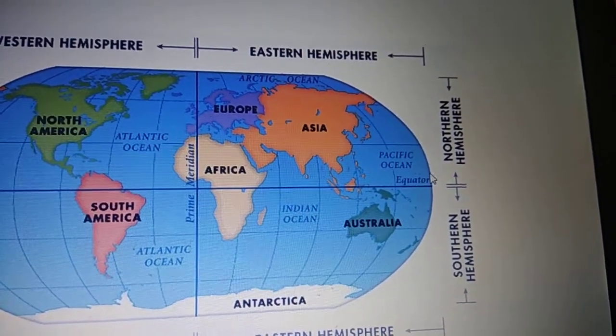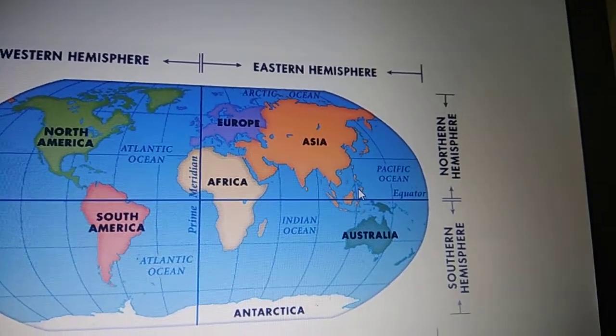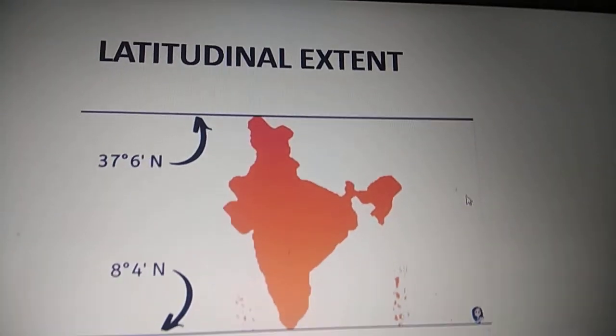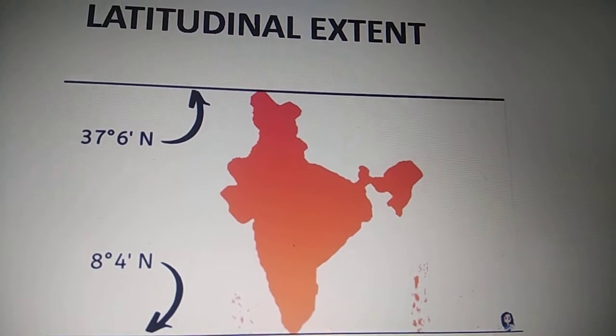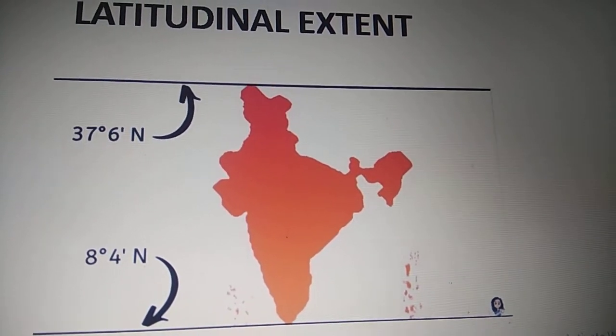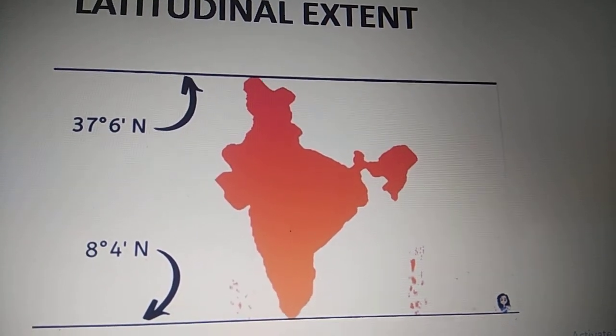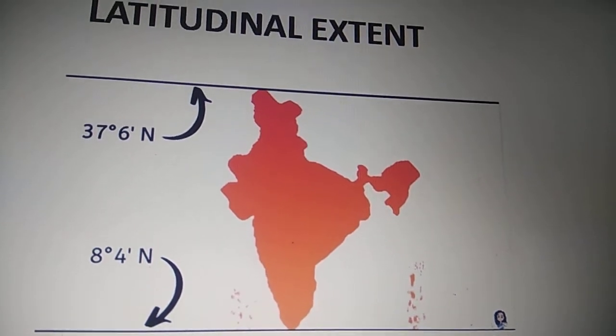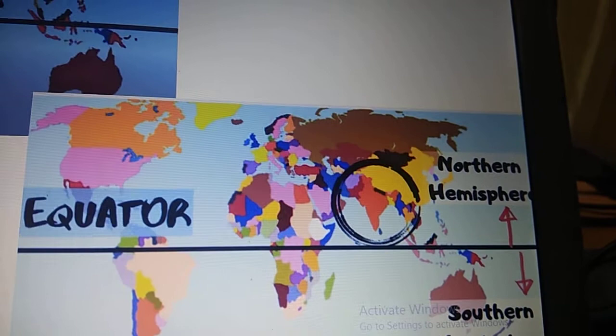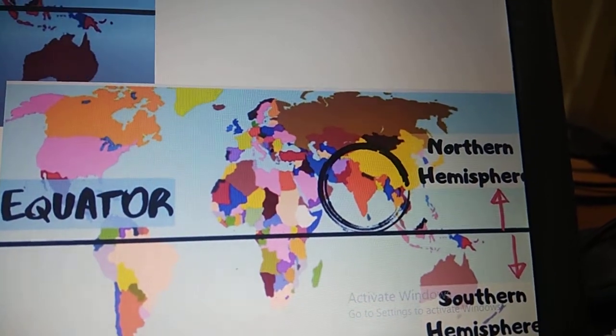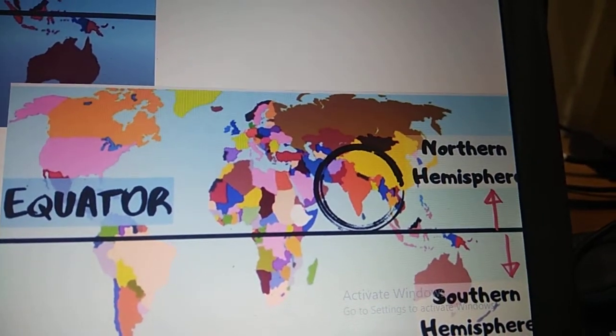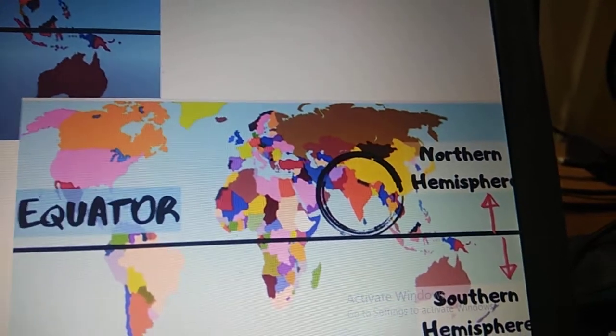So you must remember the latitudinal extent is 8 degrees 4 minutes north to 37 degrees 6 minutes north. Why north? Because we are in the northern hemisphere. The equator is dividing the earth into northern hemisphere and southern hemisphere, and we are in the northern hemisphere.